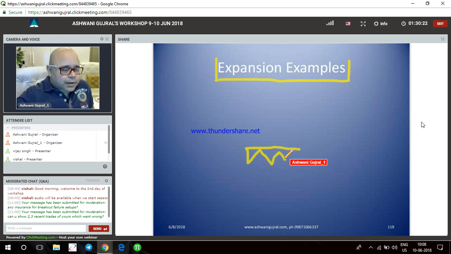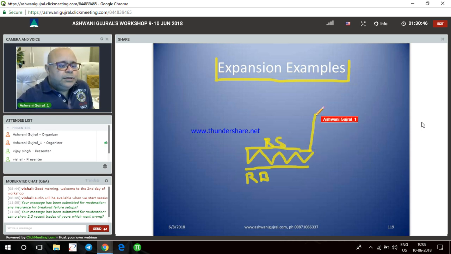That you have a market which is in a range, responsive buyer here, responsive seller, but if there is an impulse move, then it takes the market into a new equilibrium.